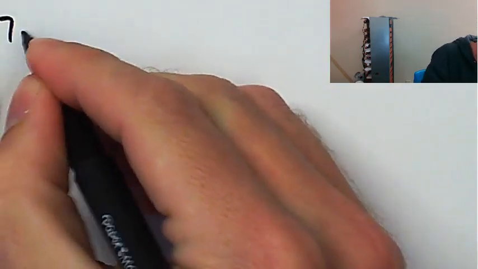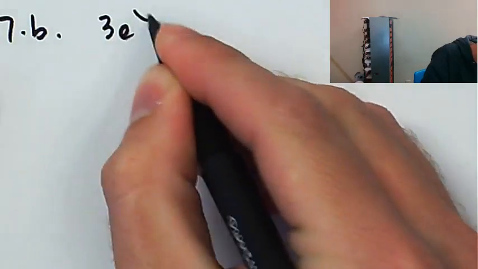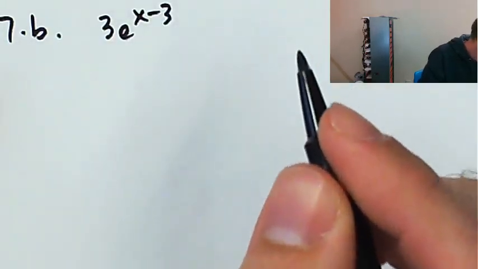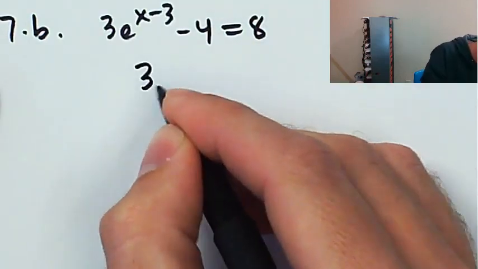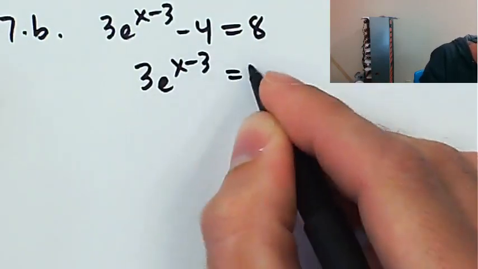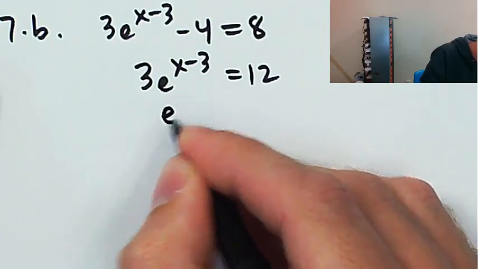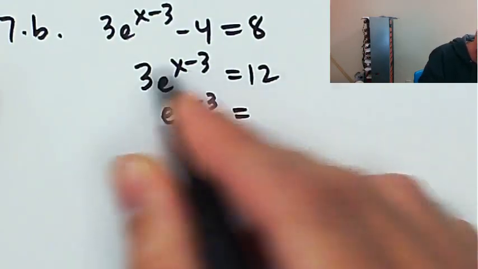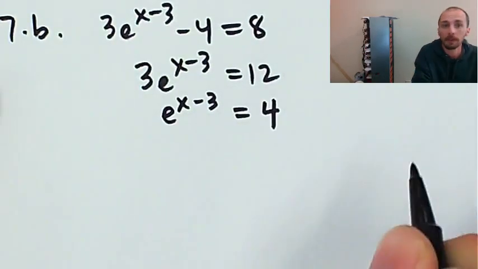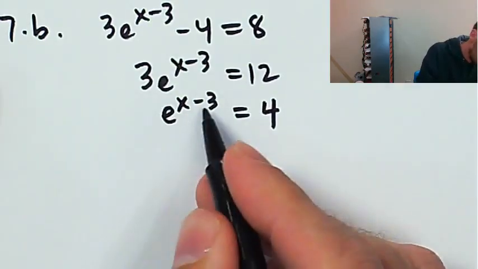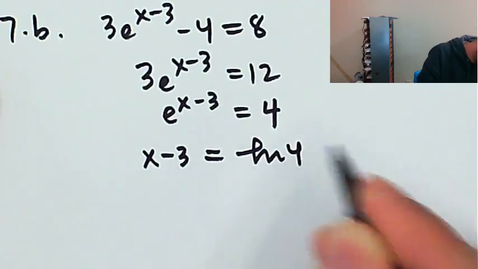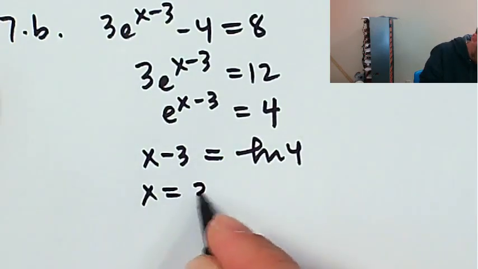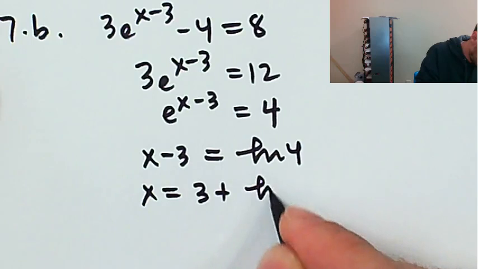3e to the x minus 3 minus 4 equals 8. So I'm going to add 4 to both sides, divide by 3. Then I'm going to take the natural log of both sides. Okay, so that'll get the variable down out of the exponent. And then I'll solve for x, and that's 3 plus the natural log of 4.